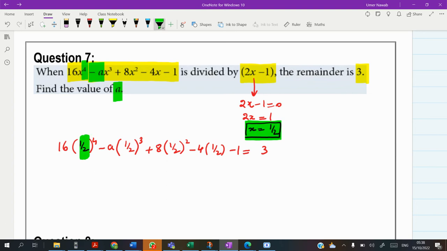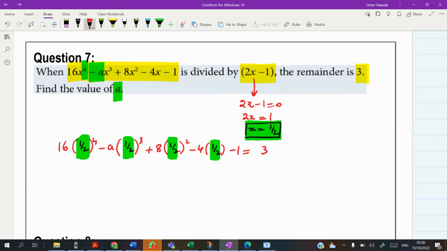Did you see, I substituted 1 over 2 in the place of x in the given dividend, a polynomial of degree 4, and put the whole expression equals to 3 since the remainder is 3.